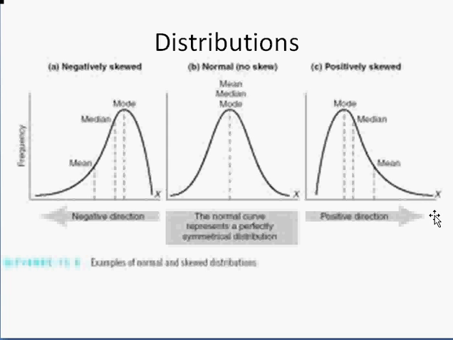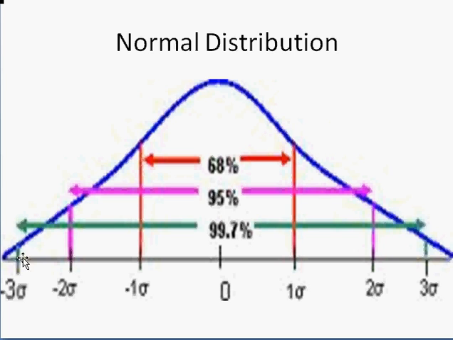And oh, for the normal distribution, this is what I learned first. It was the 68, 95, 99.7 rule, where if you measure between the first standard deviations, between -1 standard deviation and the other standard deviation, you should get 68% of the total population.